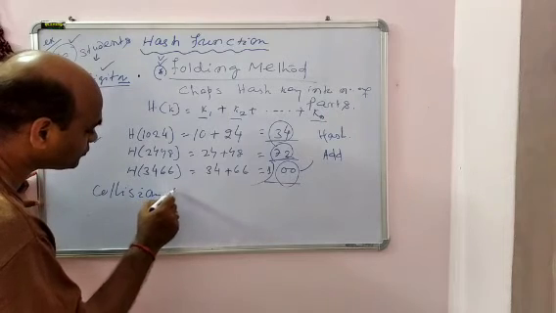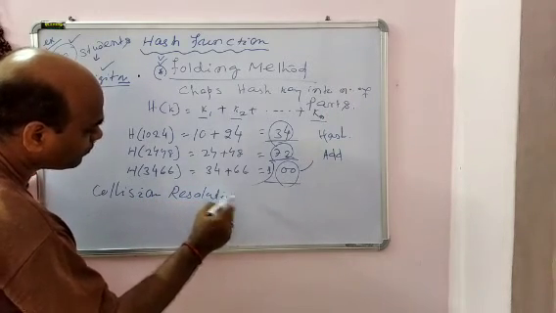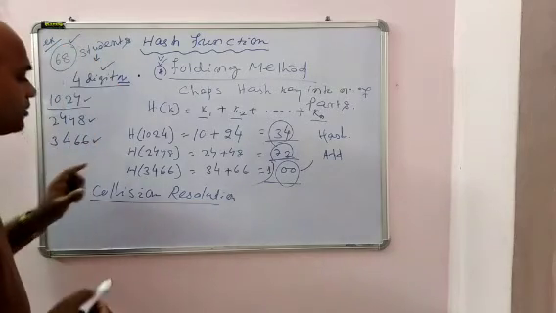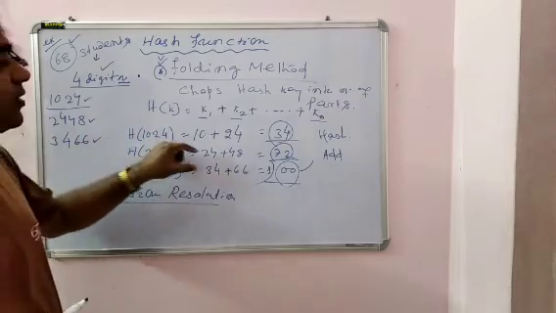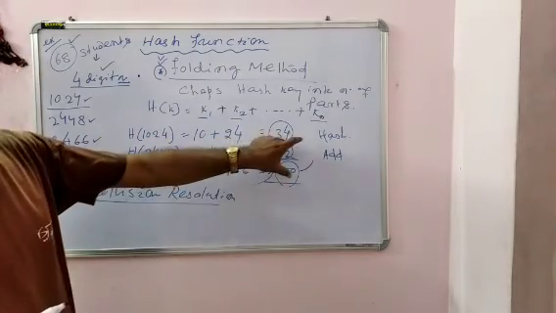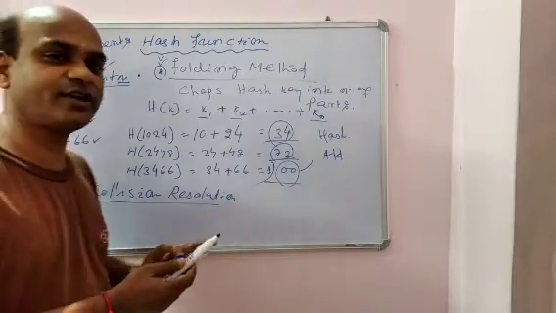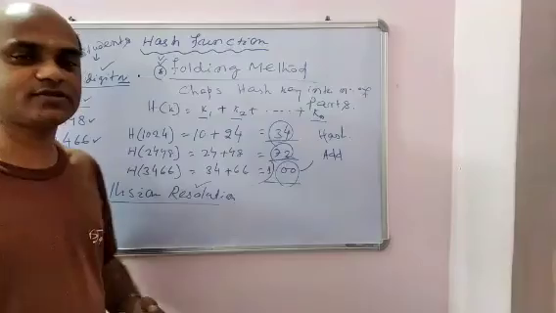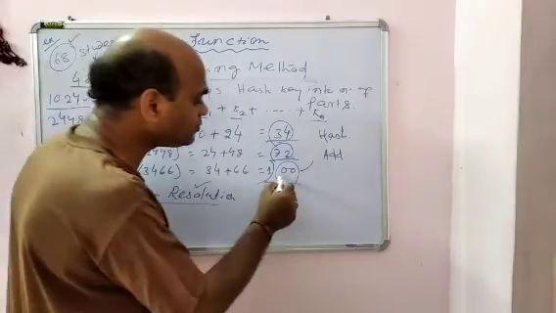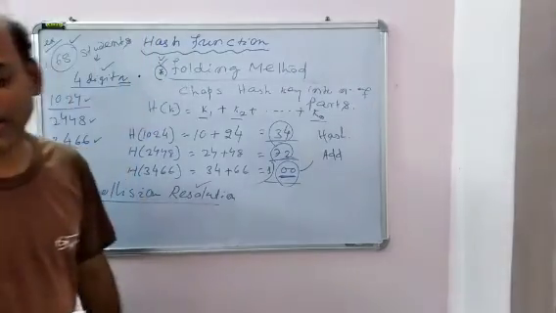Collision means that more than two key values provide the same hash address. Whenever the same hash address is generated from different key values, a collision arises. And also here 00 may be considered as a hash address of the database.